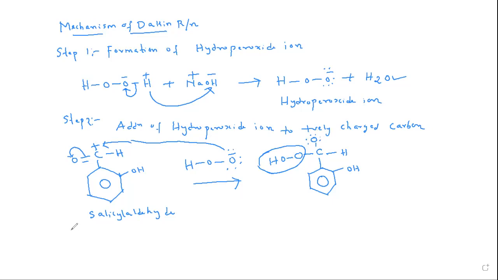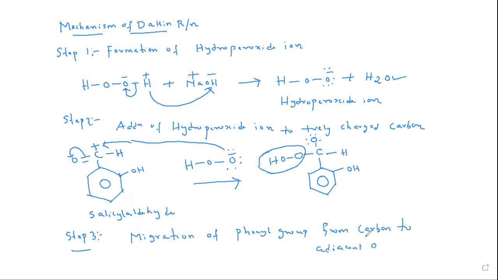Okay, next, coming to step number 3. So step 3 is nothing but migration of phenyl group from carbon to adjacent oxygen with elimination of hydroxyl ion.